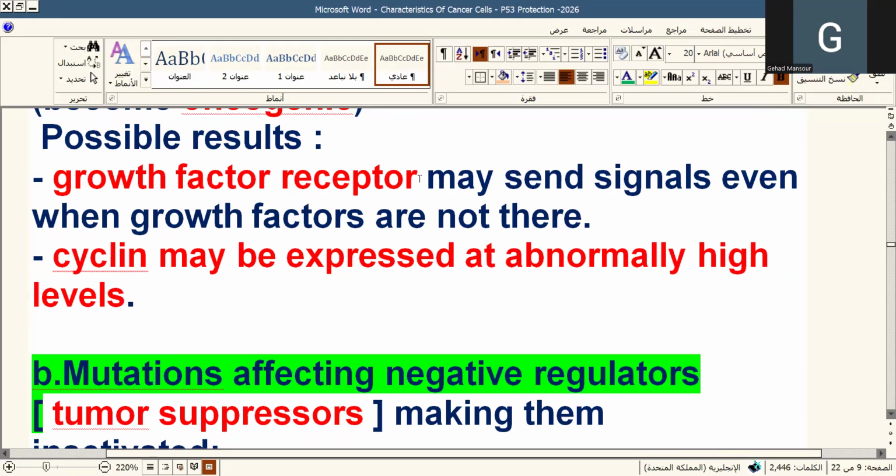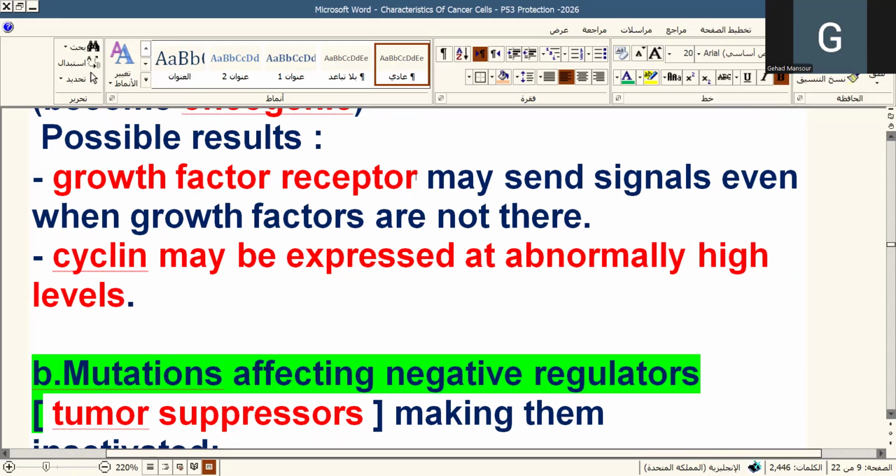and that gene is overactivated, this means what? This means that this receptor, this protein molecule that is the receptor for the growth factor, will not wait until there is actually a growth factor molecule that binds with it to send signals for cell division, but this mutant growth receptor will send signals even when there is no growth factor binding to it.